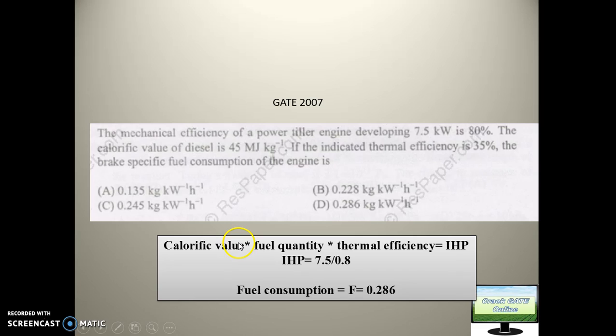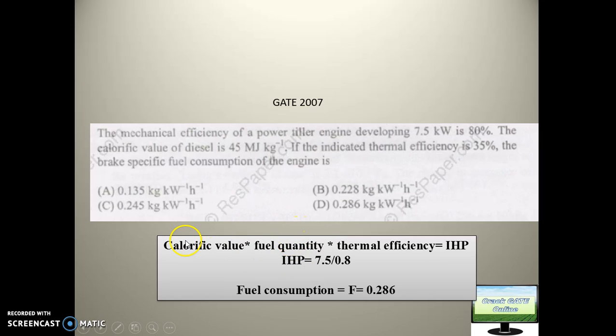Then calorific value of diesel is 45 megajoule per kg and thermal efficiency is 35%. The second way of calculating indicated horsepower is calorific value of fuel into fuel quantity into thermal efficiency. And they are asking about fuel consumption, means fuel quantity.